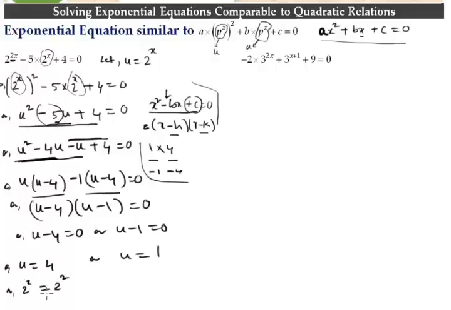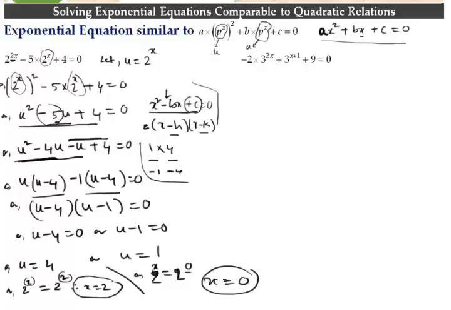Therefore, as the bases are equal, the powers are equal, and x equals 2. So one solution is x equals 2. For the other case, u equals 1, that is, 2 to the power x equals 1, and 1 means 2 to the power 0. So 2 to the power x equals 2 to the power 0, so x equals 0.